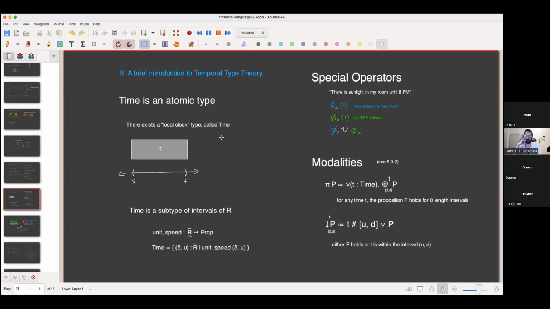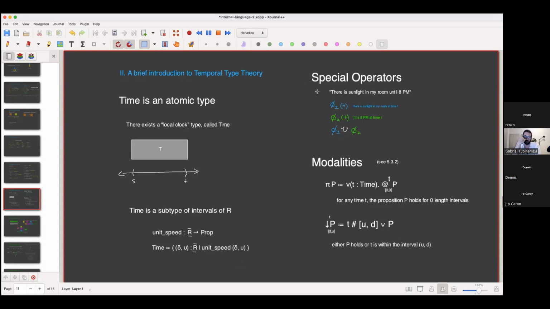That's an internal notion of time that you can tweak depending on what you care about. So in this case, there's a type called time, and it moves at unit speed, which is just considered whatever the normal speed of time is. And basically, this equation down here just says time is whatever moves at unit speed. So it satisfies this predicate of unit speed.